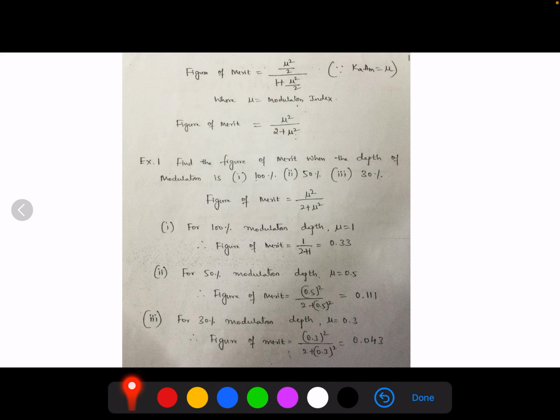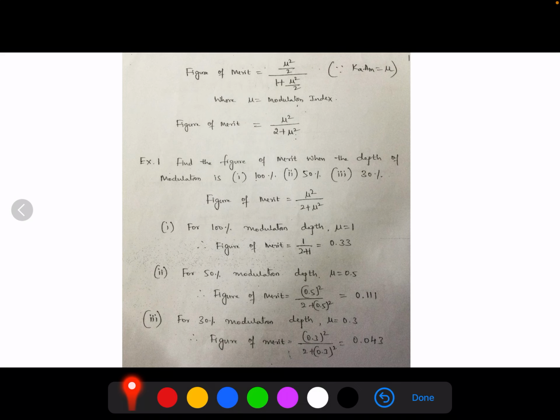When the figure of merit has been understood properly, now we have another concept called the threshold effect. When the carrier to noise ratio is small compared with unity, the noise term dominates and the performance of the envelope detector changes completely from that described just now.